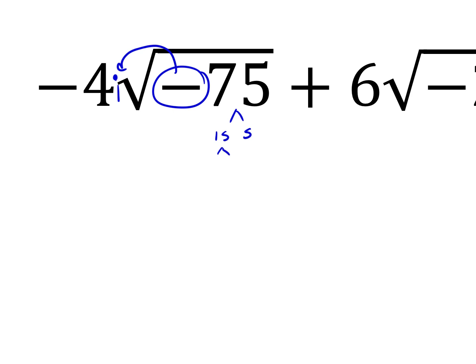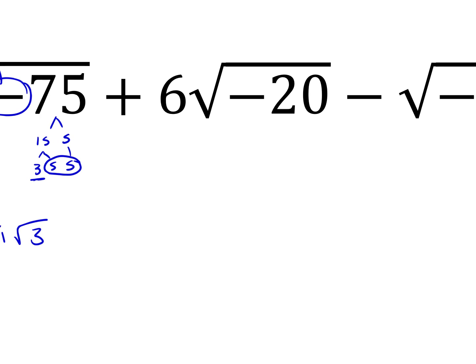And 2 factors of 15? 5 and 3. So I circle my group of 5. So what's going to come to the outside? 5. Remember, that gets multiplied by what's already on the outside. A lot of people forget that we already have a coefficient outside. What's negative 4i times 5? Negative 20i. And what stays on the inside? 3. So our first part simplified to negative 20i square root 3.